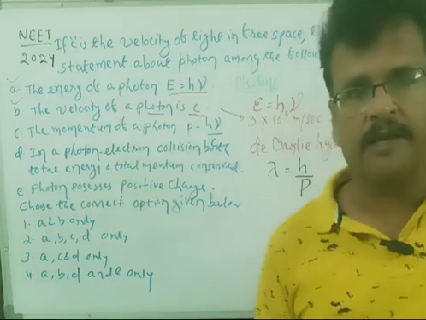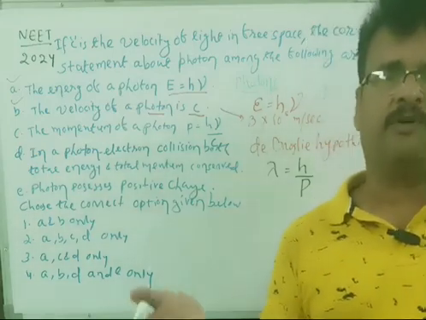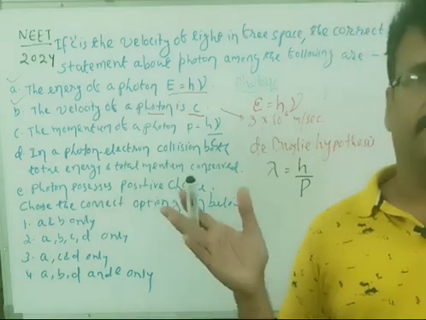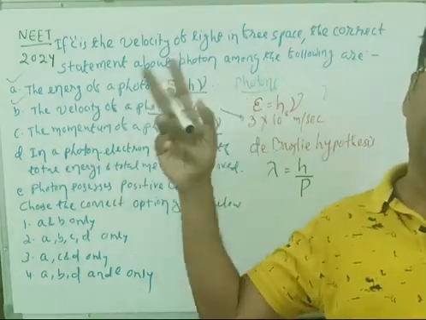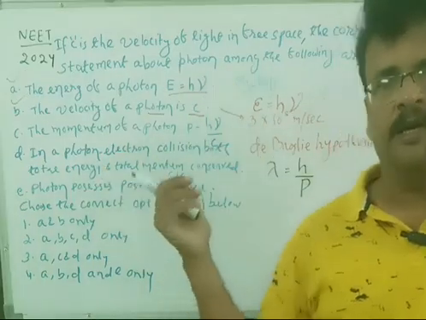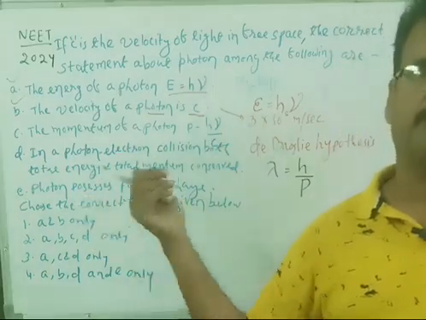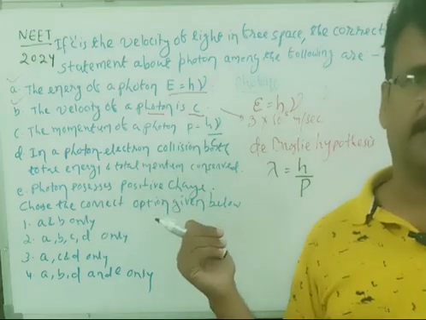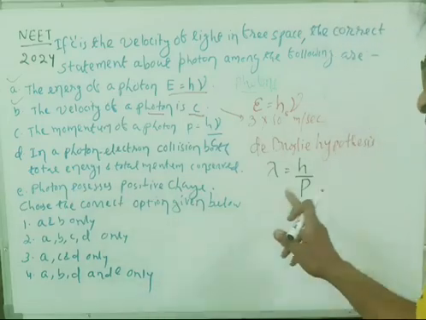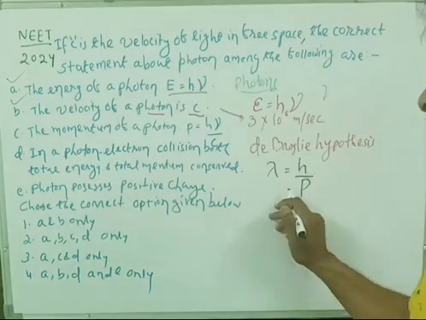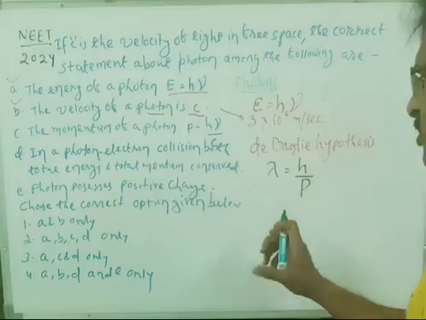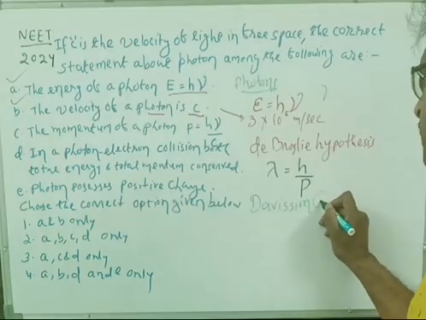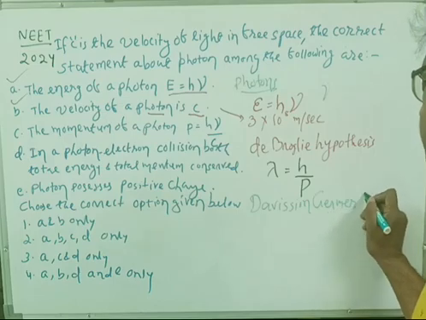According to de Broglie, a photon exists in the form of a particle as well as in the form of a wave, and as Einstein told that the photon can be associated with a frequency, de Broglie told that every photon, or matter, is also associated with a characteristic wavelength, and the relation is lambda is equal to h by p. And this was also experimentally proved by Davisson-Germer in their famous Davisson-Germer experiment. You have studied this experiment also.